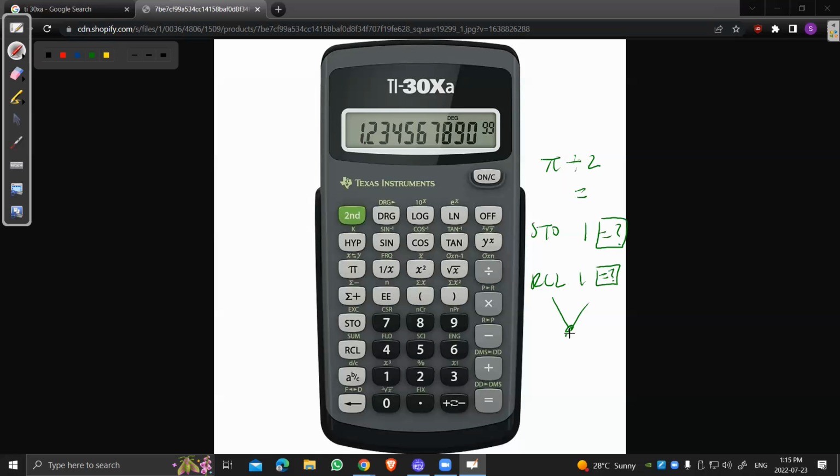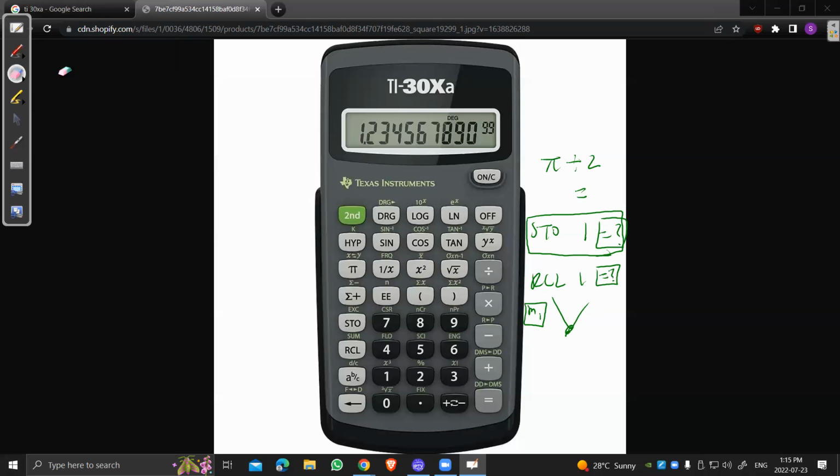I don't get anything. What about STO and 1? Did it store? Nothing's changing. This one it worked though with the RCL. How did you get the M1 thing? Because that's what the goal is.